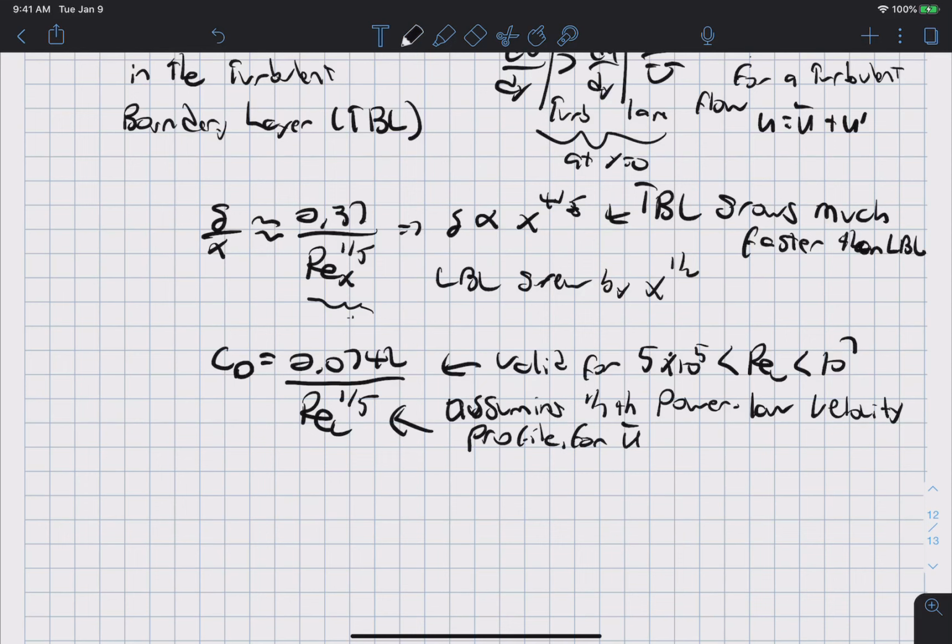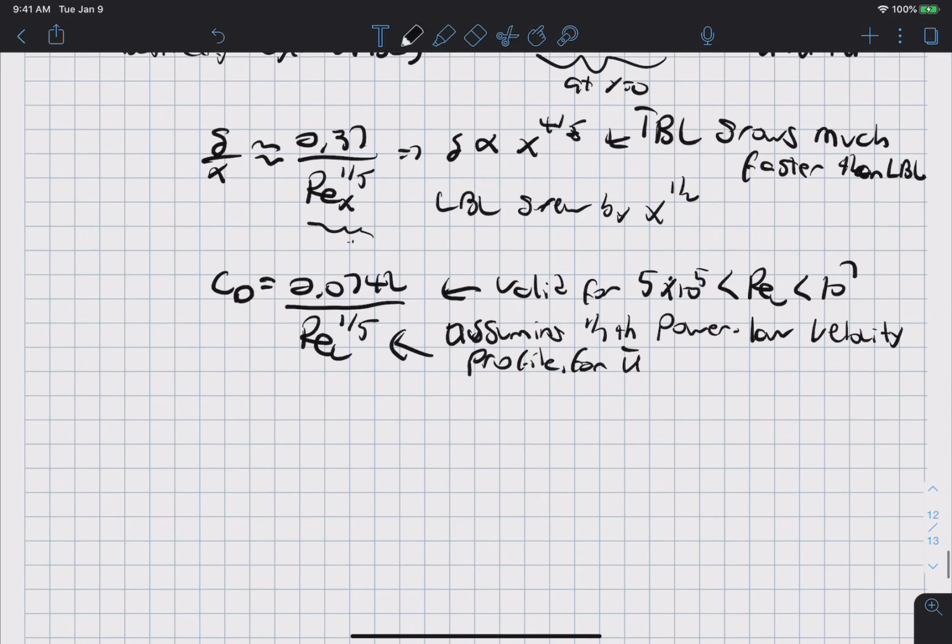Okay, and there's a more empirical one. So that's CD equals 0.455 over log base 10 of the Reynolds number based on length, and that raised to the 2.58 power. And this is empirical, meaning it's just a curve fit to data for the most part.